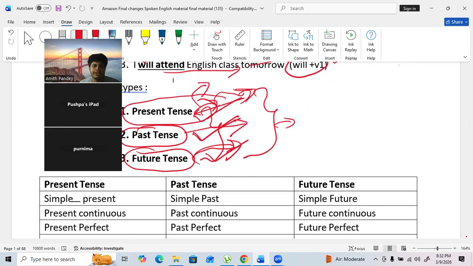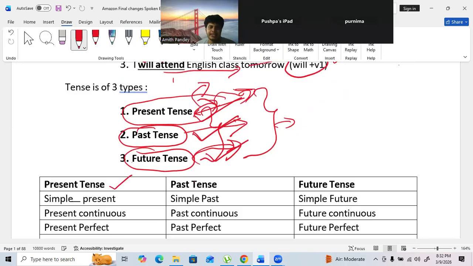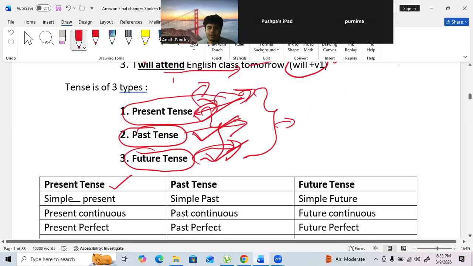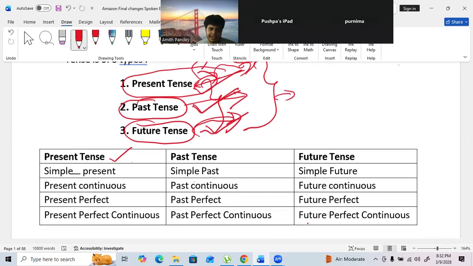Now if you look further, the present tense is divided into four categories, the past into four, and the future into four. Now let's see why. The story is just a created story. It's not real, but I'll tell it only in order to explain to you.